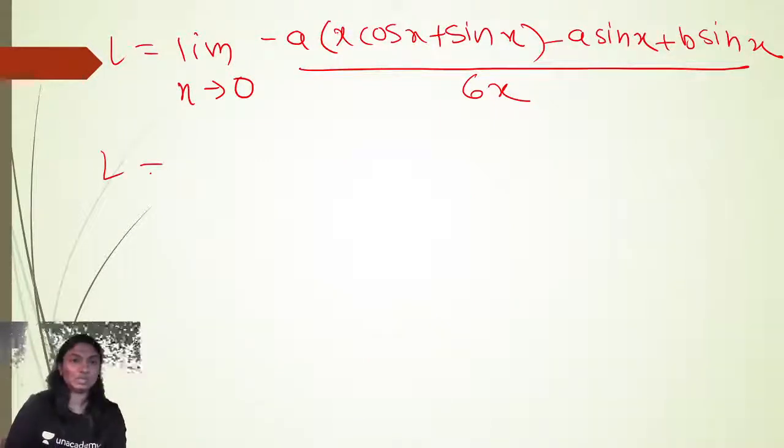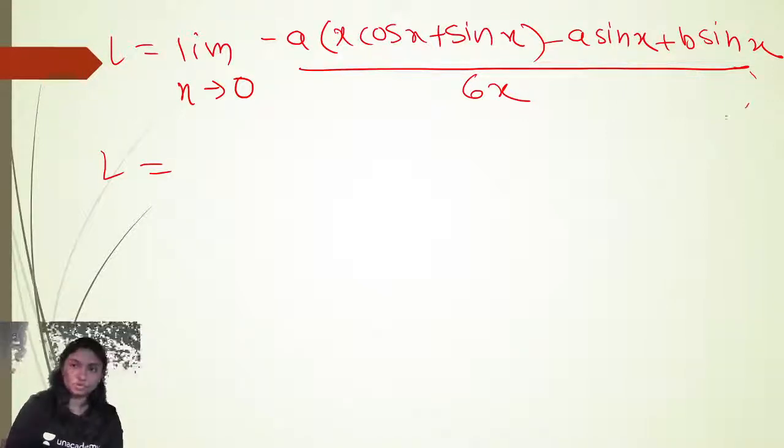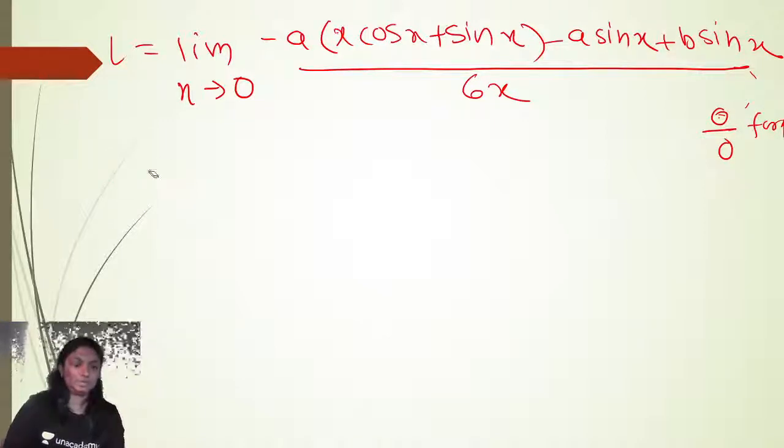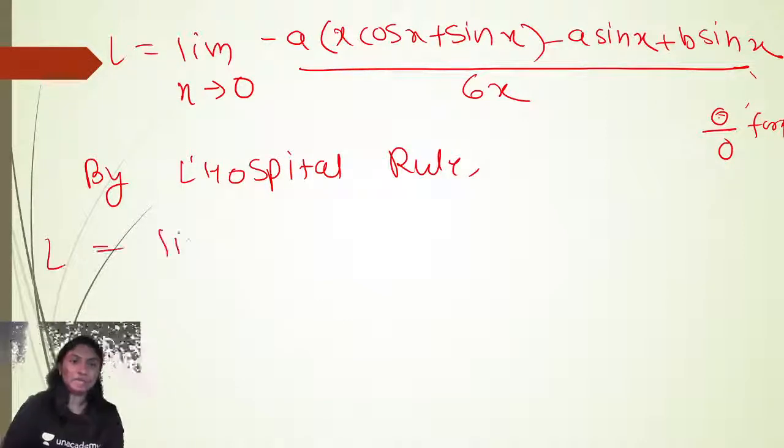Now again use limit as x tends to 0. So as limit as x tends to 0, these terms become 0, this will become 0, this will become 0. So again it is 0 upon 0 form, so again apply L'Hospital rule. By L'Hospital rule, we'll get L is equal to limit as x tends to 0.